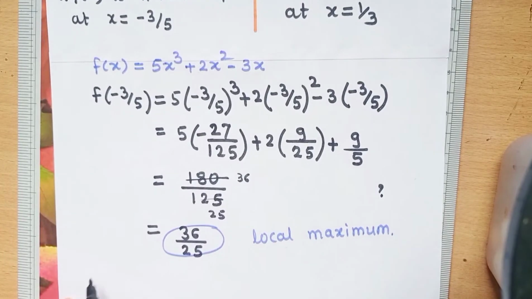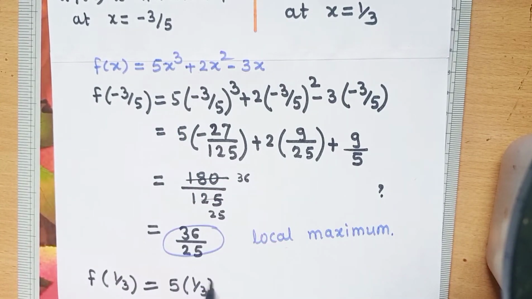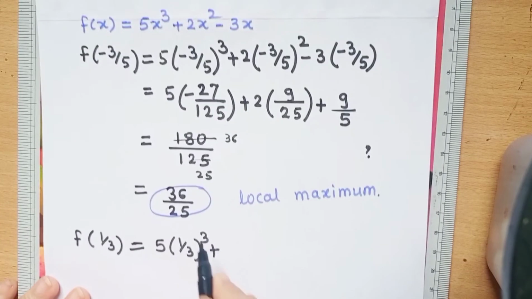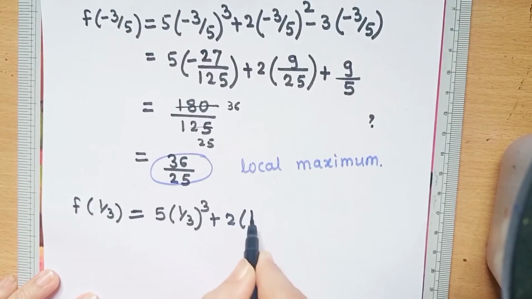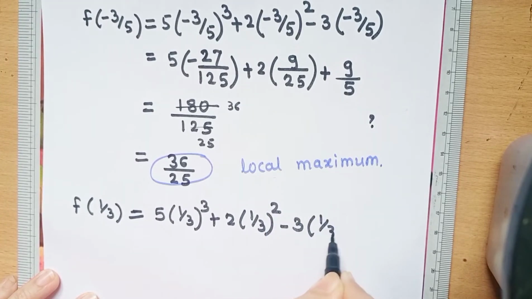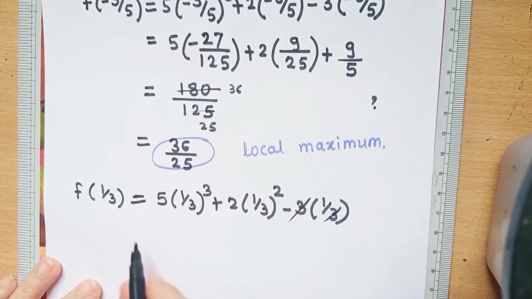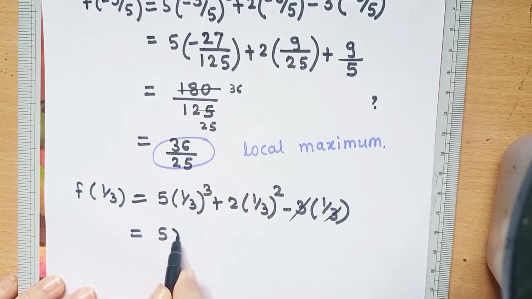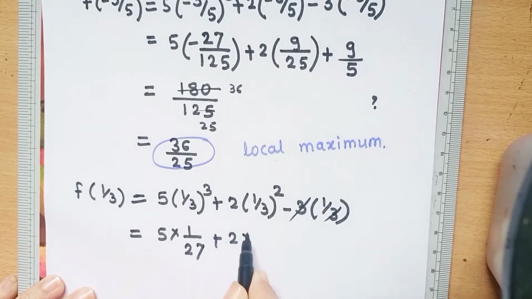Now find out f of 1 upon 3. So again in this function substitute 1 upon 3. So 1 upon 3 cube plus 2 times 1 upon 3 square minus 3 times 1 upon 3, and so this cancels, and 5 over 27 plus 2 times 1 upon 9 minus 1.